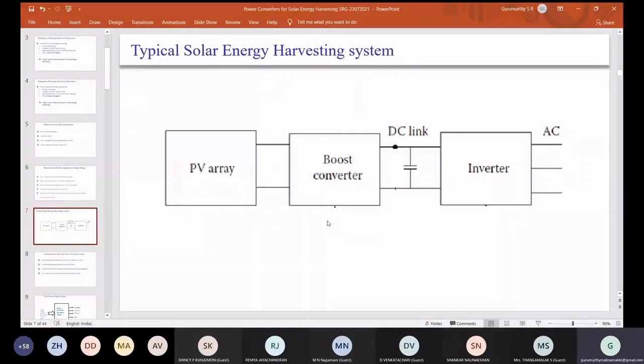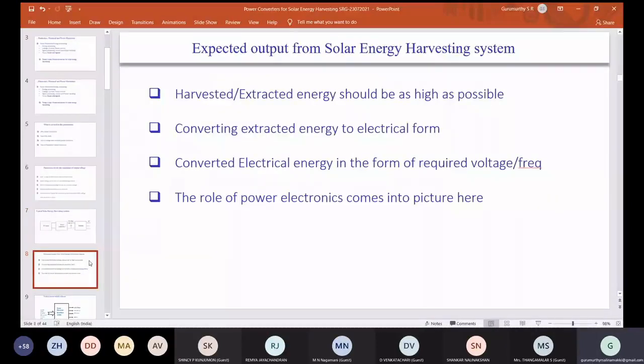It will change from one voltage to another voltage. Like DC to DC converter means maybe low voltage DC to high voltage DC, or high voltage DC to low voltage DC, or fixed voltage DC to fixed voltage AC. These are the things. Okay. So this is the typical energy harvesting system from a solar.